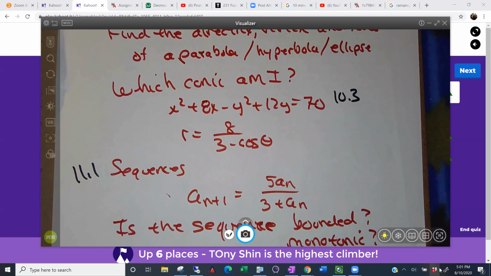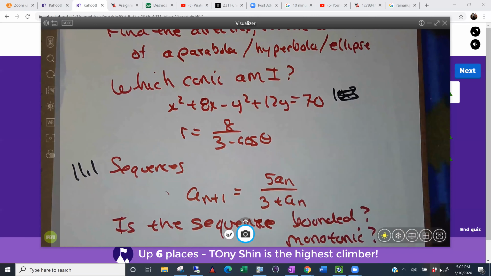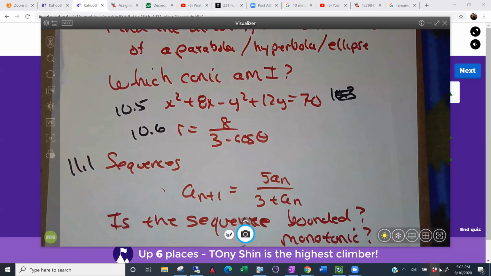I don't know all the sections by hand. I don't think this one's 10.3. Yeah, it's 10.5. And then this is 10.6. So hopefully it helps out a little bit.